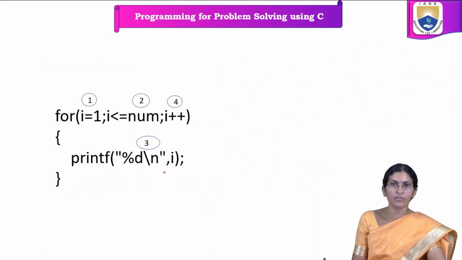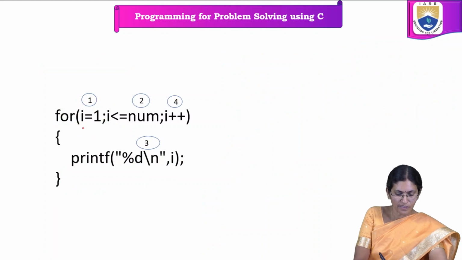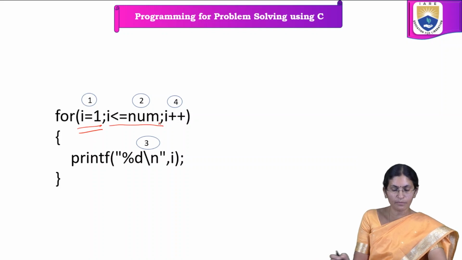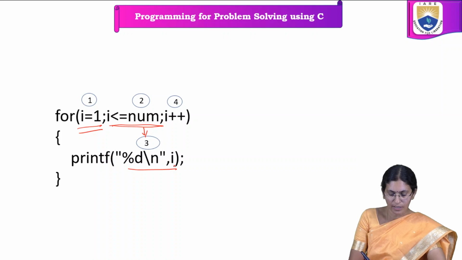So same is demonstrated here. So this is the first step which is carried out, initialization. Then the second step is condition. So condition is checked. In the third step, this printf statement is executed, and then the fourth step is incrementing the value of the variable I. Then after that, this loop will go on repeating.